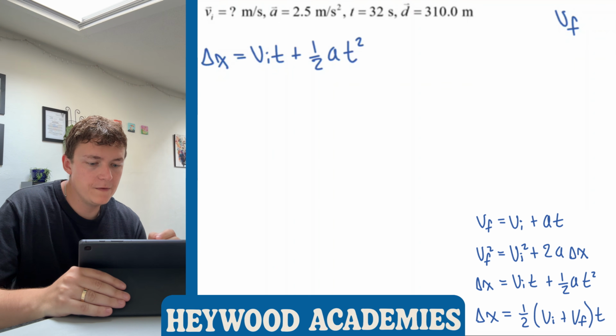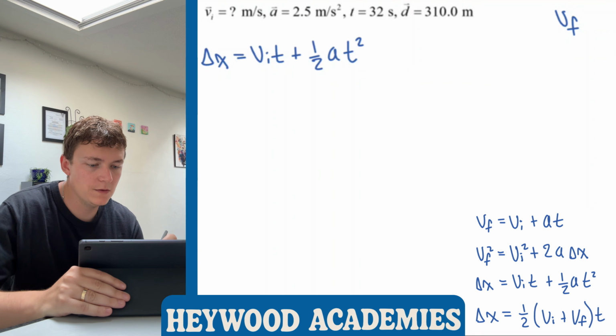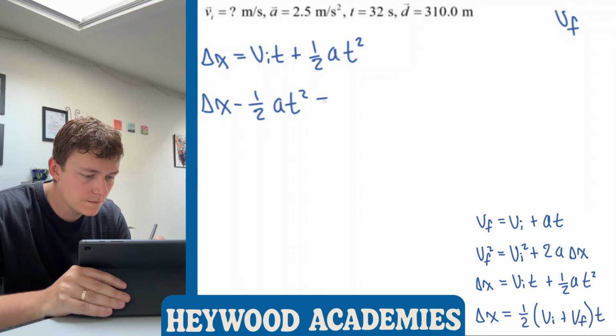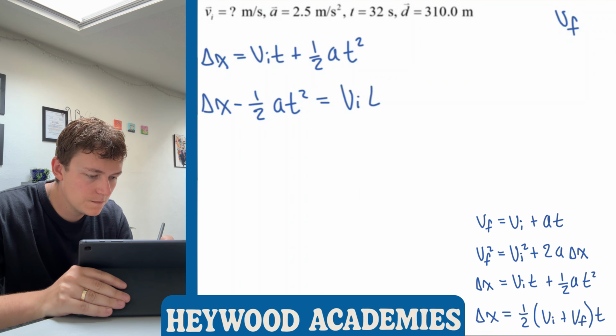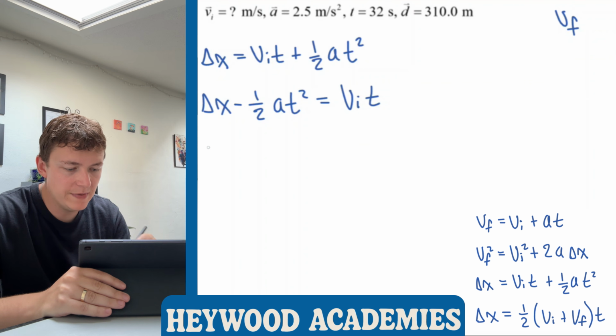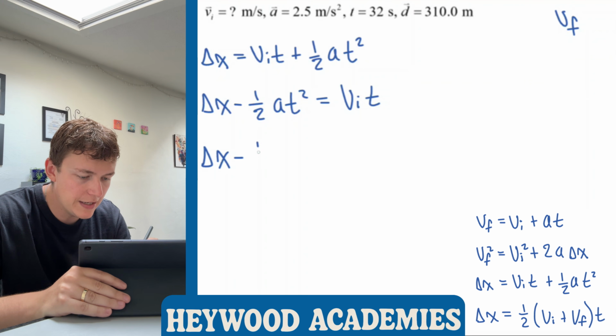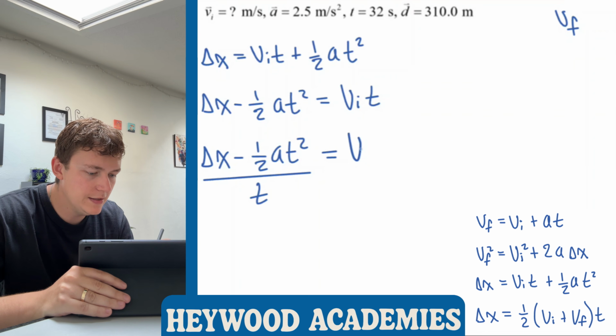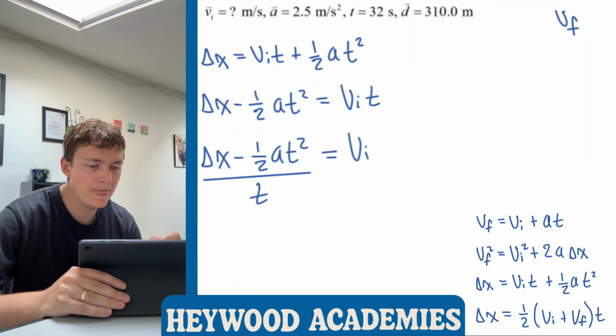Okay, so now we're trying to solve for the initial velocity here. So let's bring that 1/2 a t squared over to the other side. Now we want to solve for the initial velocity, so we got to divide by time. So we'll have delta x minus 1/2 a t squared, all divided by t, is equal to initial velocity.